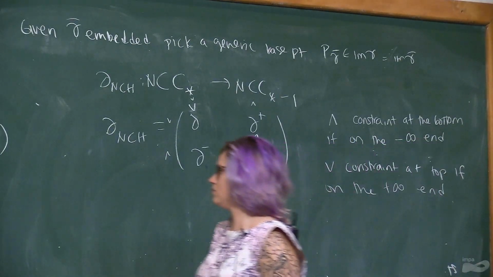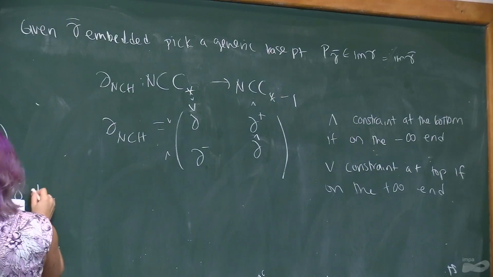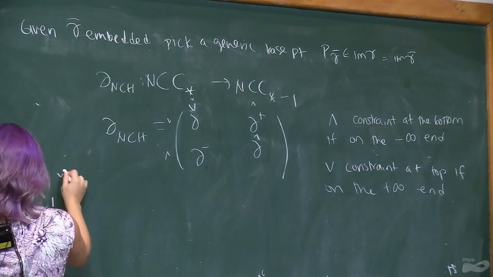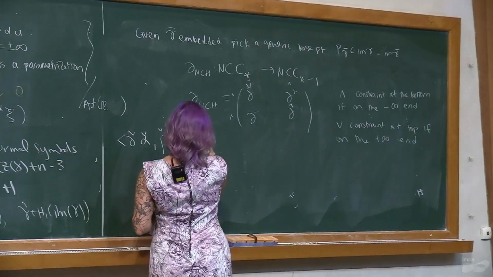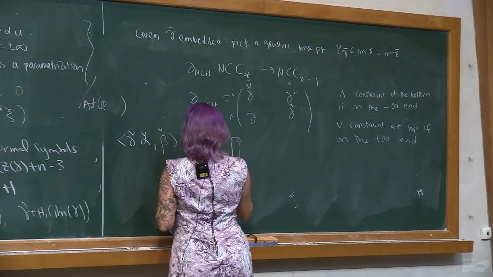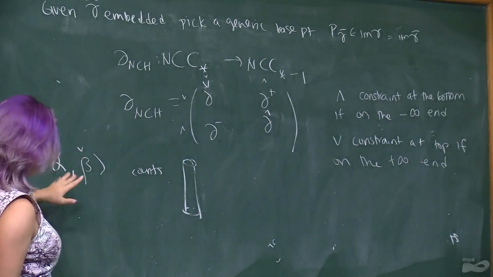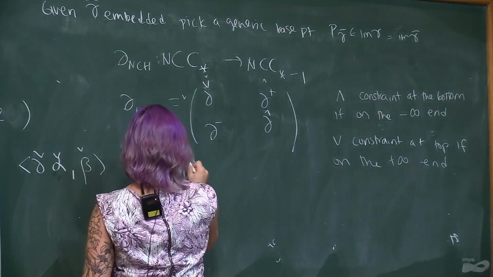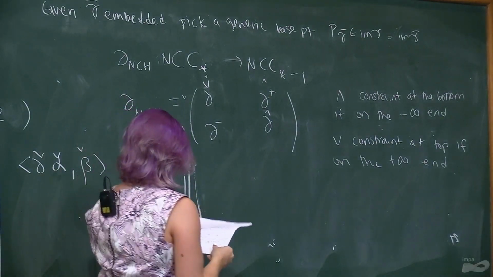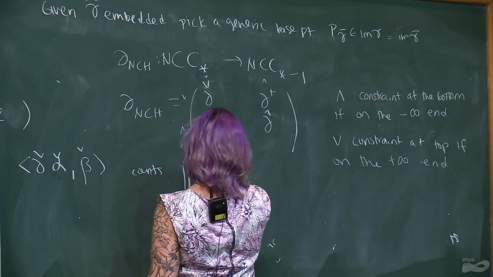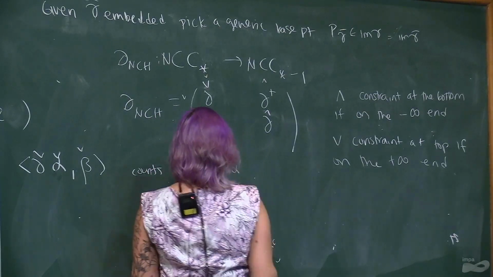Okay, so D check, alpha check, beta check. This is going to count cylinders, and because we have a check at the top, we're going to have a point constraint at the top. So we have ev plus equal to p alpha.